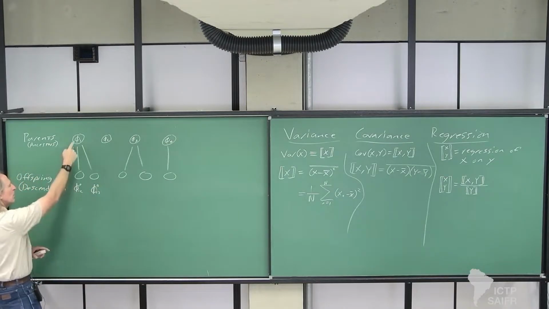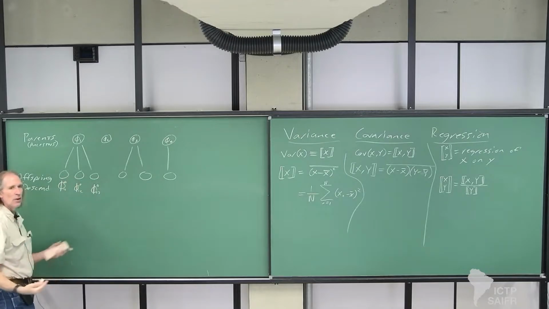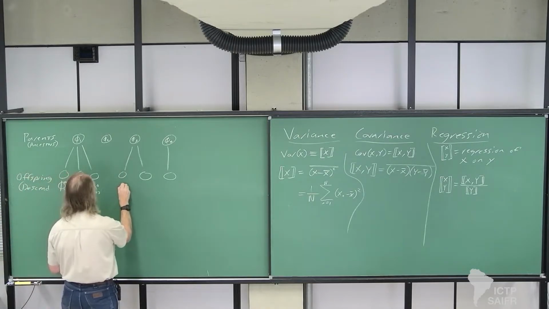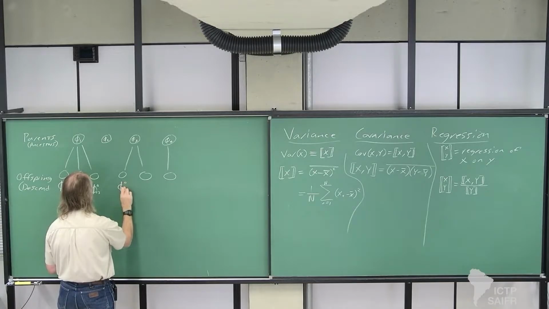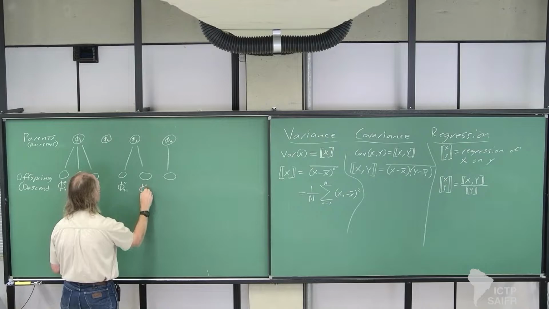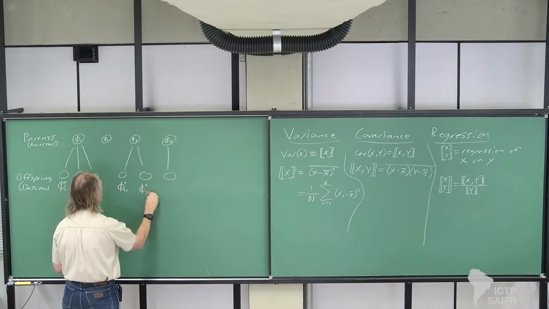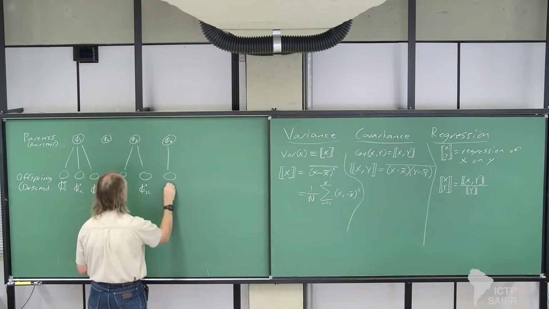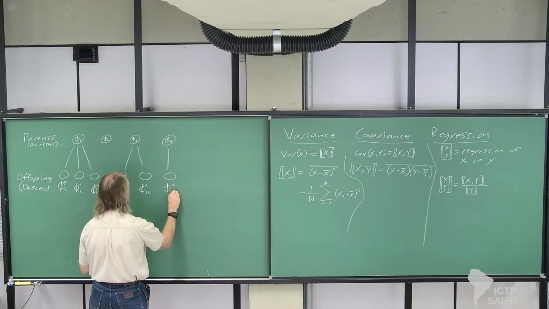First index being the parent, second being the ordered individual here. This would be phi offspring 3,1, phi offspring 3,2, and this would be phi offspring 4,1.